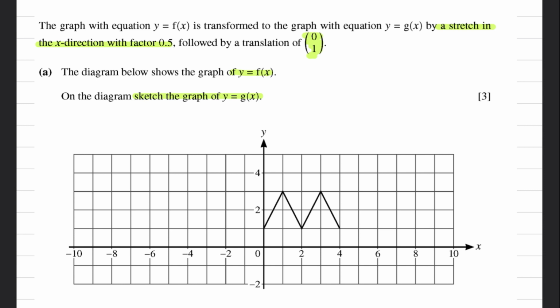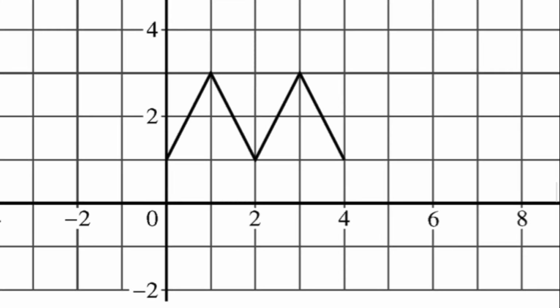So, first thing first, we look at the first transformation, which is a stretch in the x direction with a scale factor 0.5. Means that we multiply all of our x values by 0.5. So, 0 multiplied by half becomes 0 still. This is 1. My x value is 1. We multiply by half, so it becomes this point.